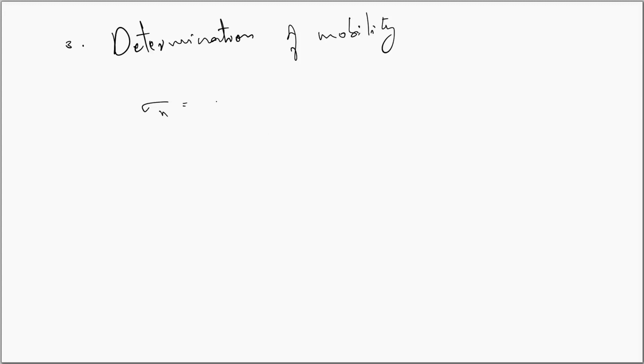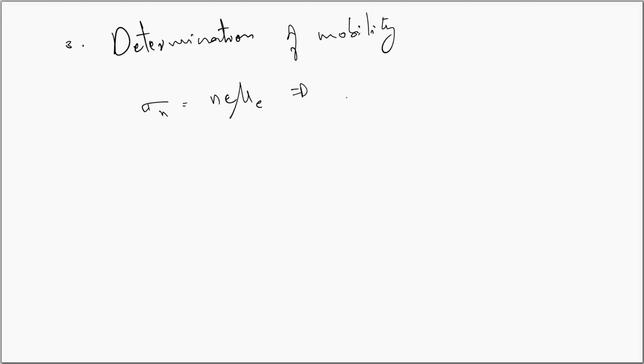The next application is determination of mobility of the charge carriers. We know that conductivity sigma n is equal to Ne mu E, where sigma n is conductivity of electrons in the N-type semiconductor and mu E is the mobility of the electrons.